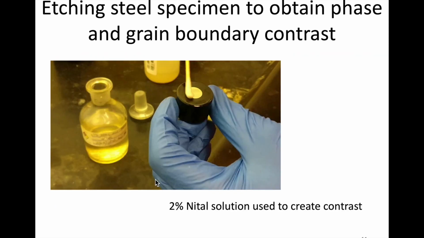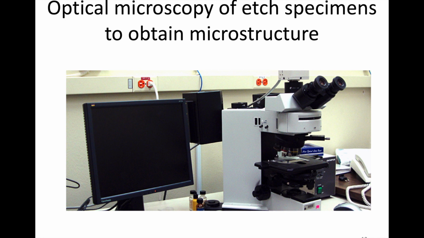And then we have etching. With our etchant, 2% nital is what we use in this lab in particular, which gives us phase and grain boundary contrast. And so you've probably done this in other classes as well. And then you're familiar with the optical microscopy to obtain images of the microstructure. And so that will all be similar to what you've done in the past.